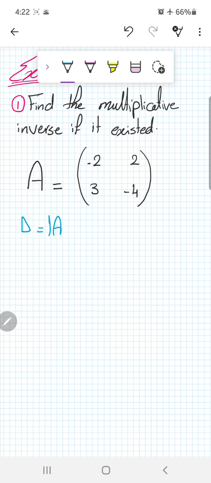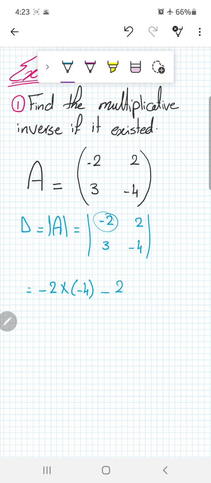The determinant of A, start from -2: -2 times -4 minus 2 times 3 equals 8 minus 6 equals 2. So the delta here will be 2. So here we have a multiplicative inverse. Why? Because delta is not equal to 0.